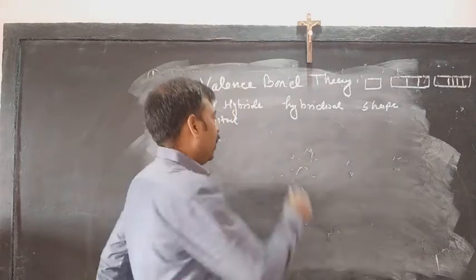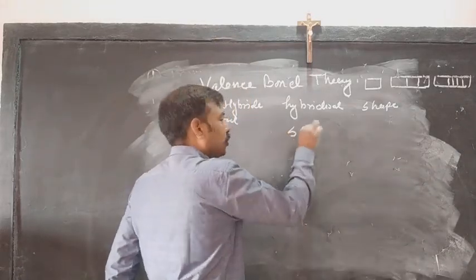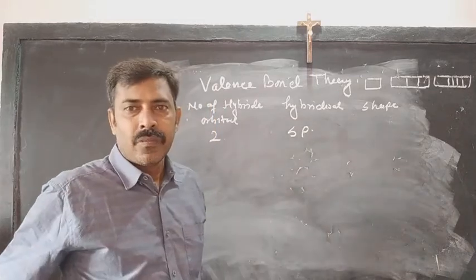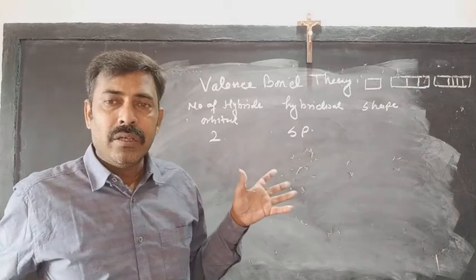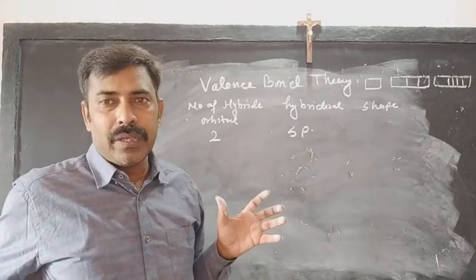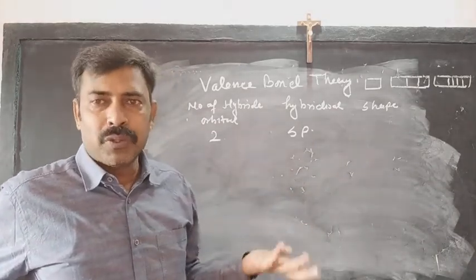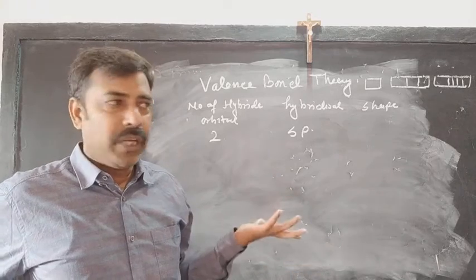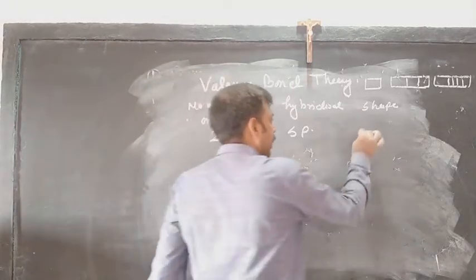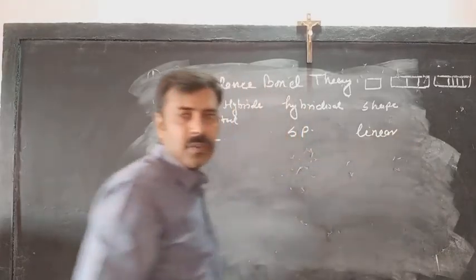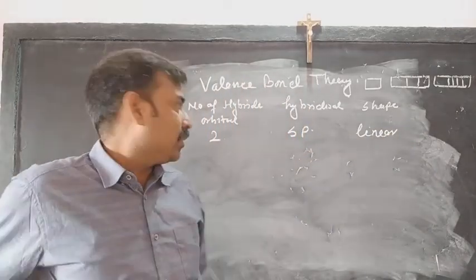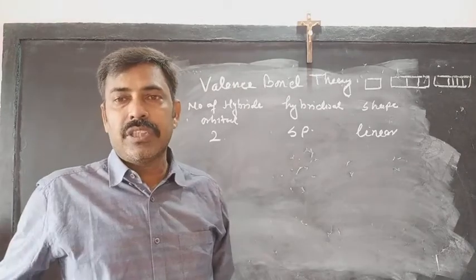That means the hybridization will be sp, and with the sp hybridization the system will behave like an AB2 type of molecule having bond pair plus lone pair equal to 2. So the shape will be just linear for such a system. So the sp hybridization suggests the linear shape.